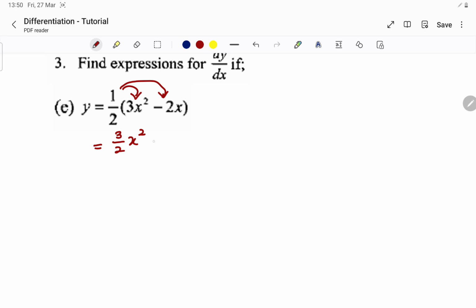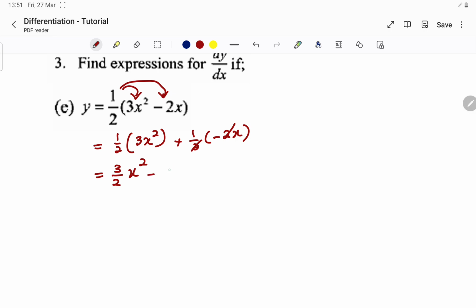Then 1 over 2 multiplied with negative 2x becomes negative x. Or to make it easier for you to see, I'll do it one by one. 1 over 2 multiplied with 3x squared minus 1 over 2 multiplied with negative 2x. This one you're going to get negative 3 over 2 x squared, and then this one you're going to get positive. Oh, it's not, it's a plus here.